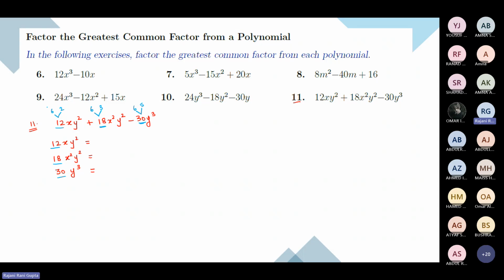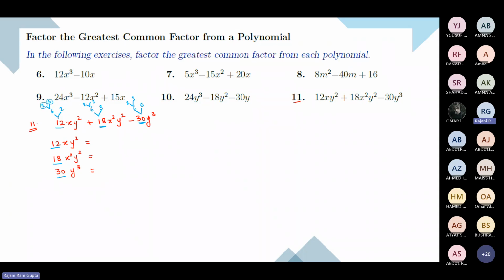Or let me just make 6. How can you write 6? 2 and 3. Correct? To avoid confusion, because you may think that in the previous question we wrote the factors of 12 as 2, 3 and 2. So why are we not doing it here? You will learn this trick after you practice a lot of questions.